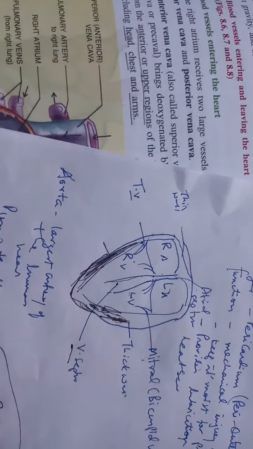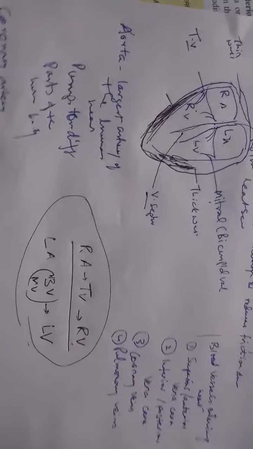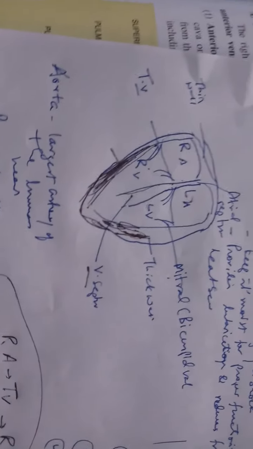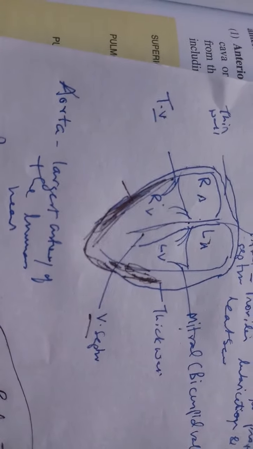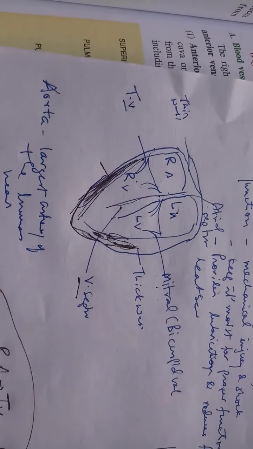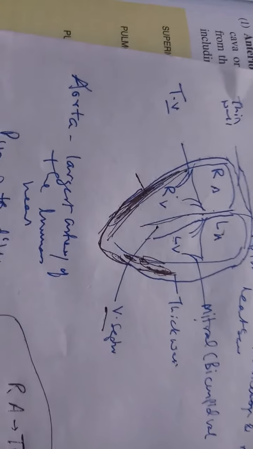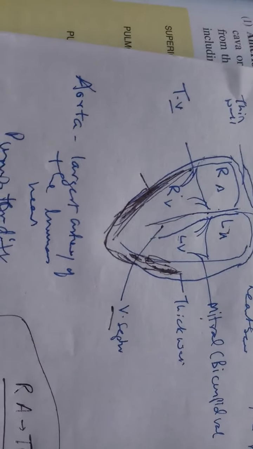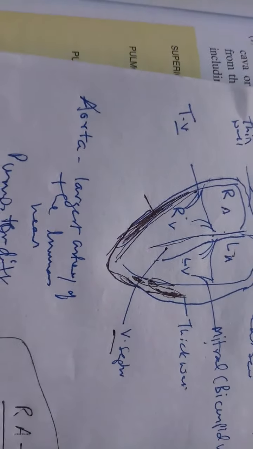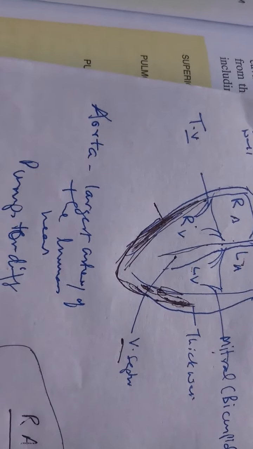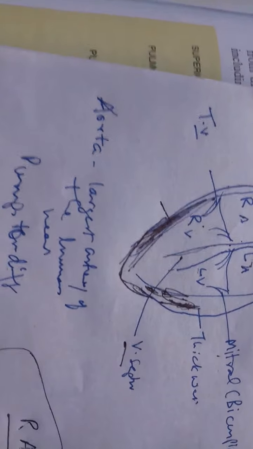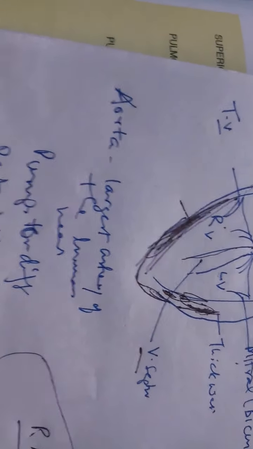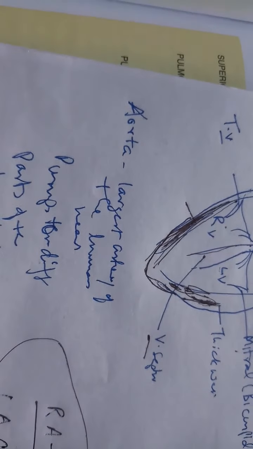artery, right? So if you look at the pulmonary artery, generally an artery carries pure blood with oxygen. But when you say pulmonary artery, it means it is carrying deoxygenated blood with carbon dioxide, or impure blood, from the heart to the lungs.